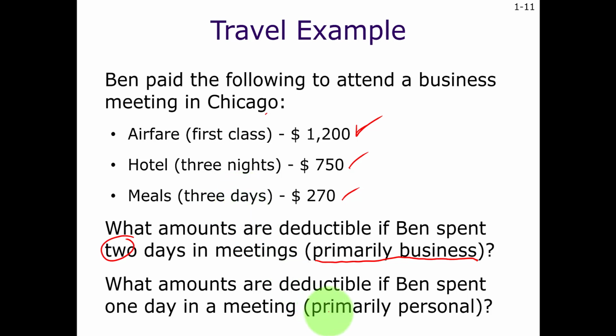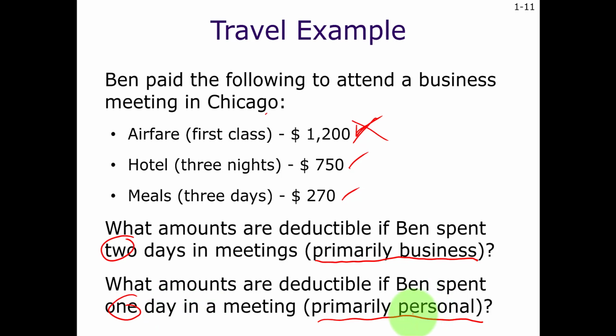Now, if the primary purpose was personal, none of this airfare is deductible. Just one day for the hotel. $90 times 50% for 1 day of meals. Now, it's not real strict in terms of saying if it's 1 of 3 days that is business, then the primary purpose is personal.